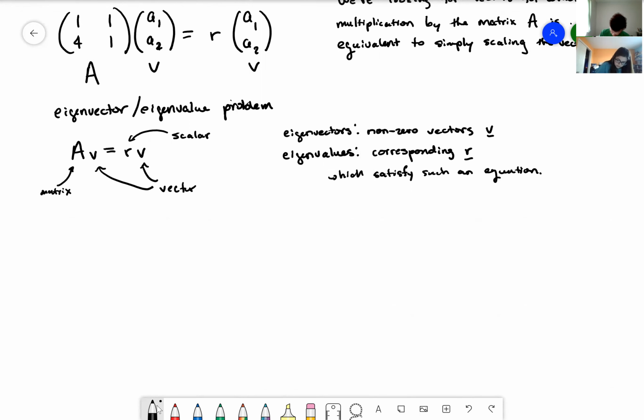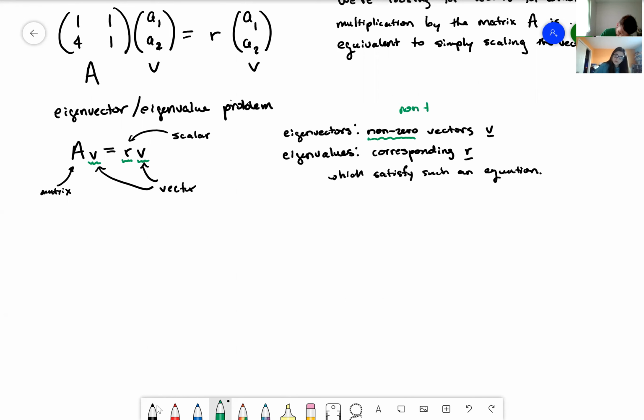Now, first of all, I want to say something about this non-zero here. If we plug in 0 for v, the 0 vector being the vector with all zeros, we're always going to get as an output of that multiplication 0. And so we'll always have a corresponding eigenvalue of 0. Now that's the trivial solution.